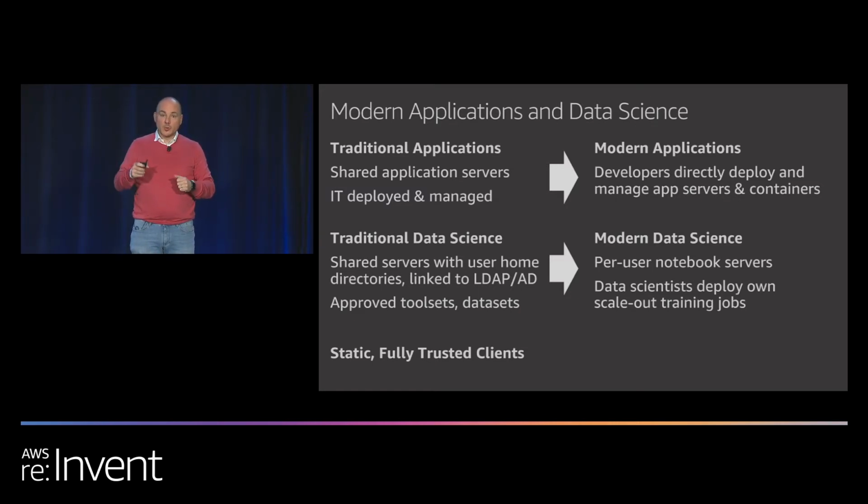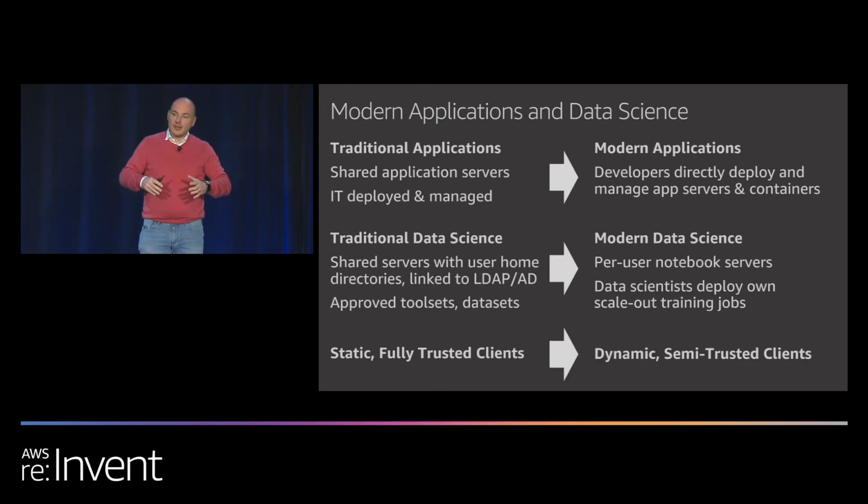Users would not have root access on those servers, just normal users. In a modern application, you've got these dynamic servers, dynamic notebook servers, and containers that are likely managed by your developers or data scientists. They would still be semi-trusted.